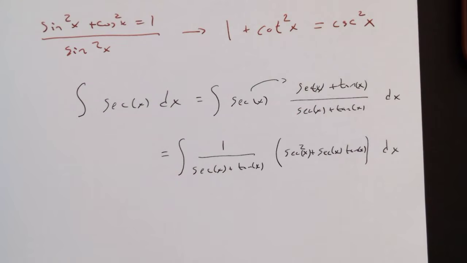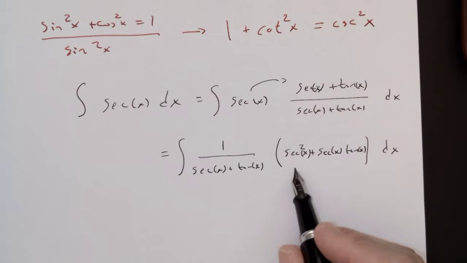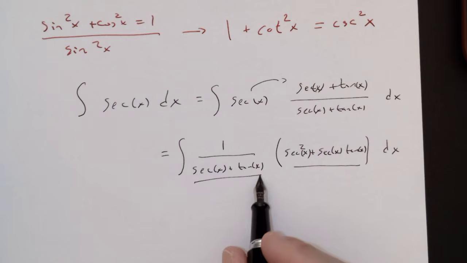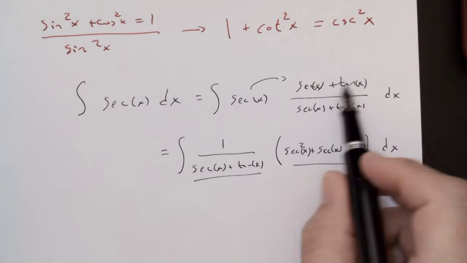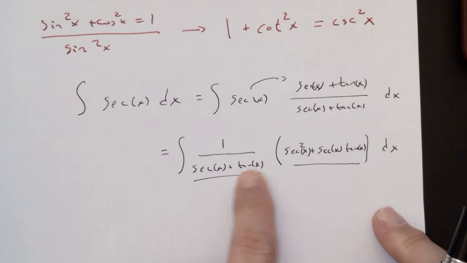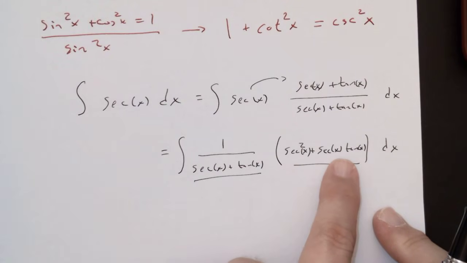Now, are you ready for the craziest thing in the world? This is the derivative of this. Secant times secant in the numerator. I just distributed this into these two. The derivative of tangent is secant squared, and the derivative of secant is secant tangent.